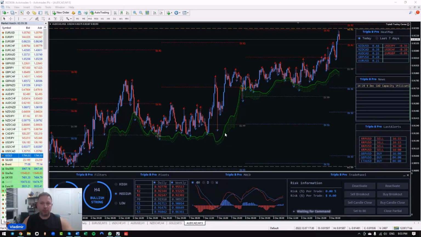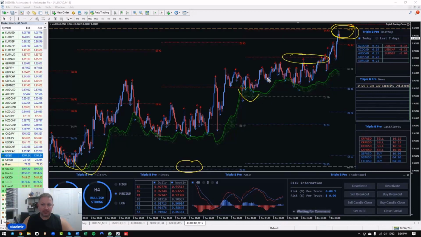Now, another very important thing which you will see when you are backtesting and you will see your levels is, when we are bouncing off one level, many times the next level of the period would be achieved. So if we are talking from the weekly bounce here and then higher highs, higher lows, the next weekly level would be here. If we are bouncing from the daily, then the next same day area would be here, the next resistance.